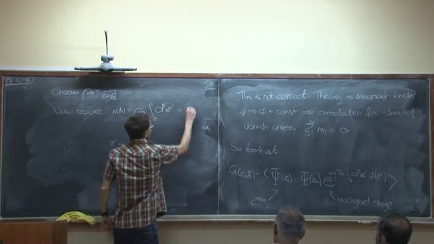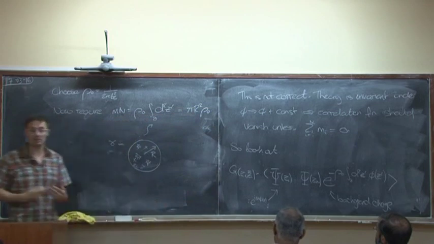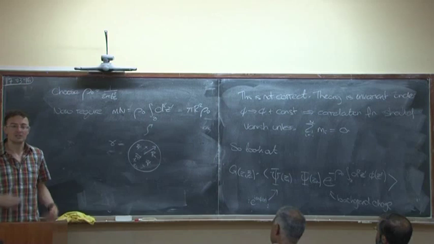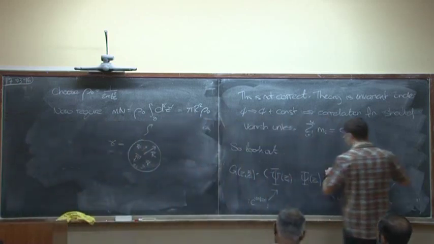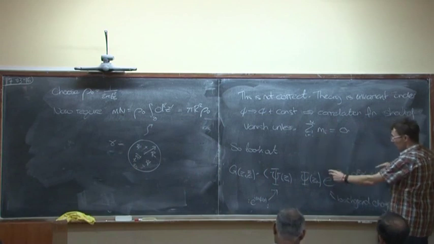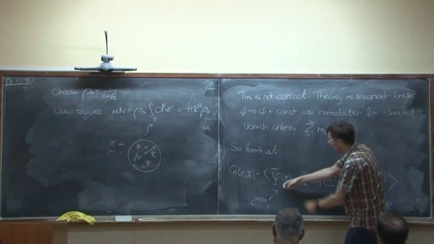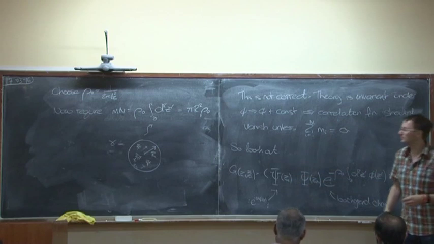And the charge you get here is pi r squared rho 0, which is the area of the disk times that charge. So it's a little bit odd. We haven't cancelled it with a single object which is minus mn. We cancel it with this sort of continuous smeared charge to cancel the m's that are here, the individual ones.